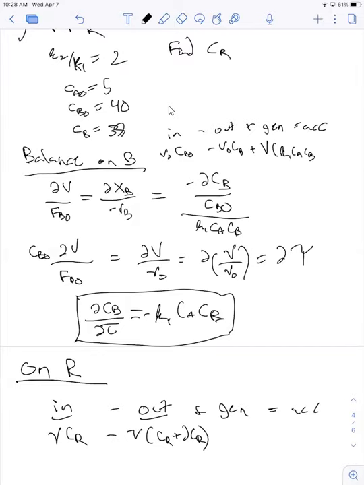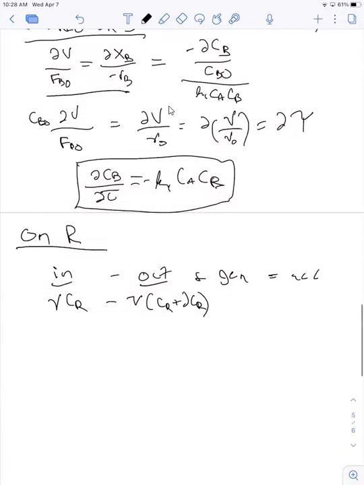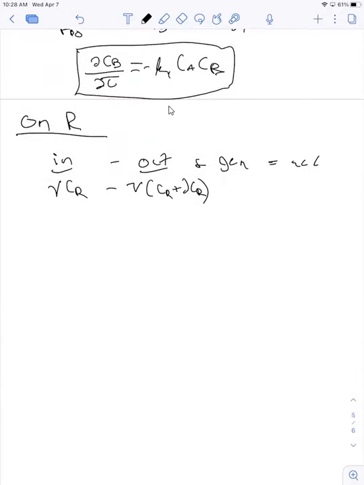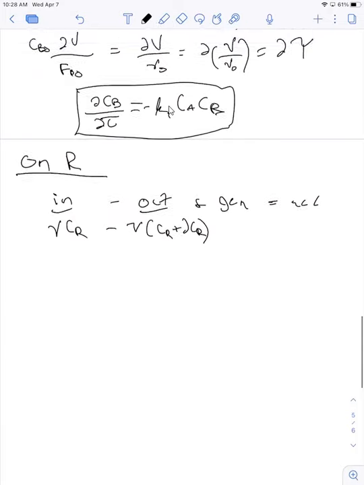Actually, it should be minus, I think. It's the same thing, just simplified. You can do the math and simplify it to that. If it's a simple one like that, generally you don't have to write it out each time, but it's always good practice to know where it comes from and do the material balances.